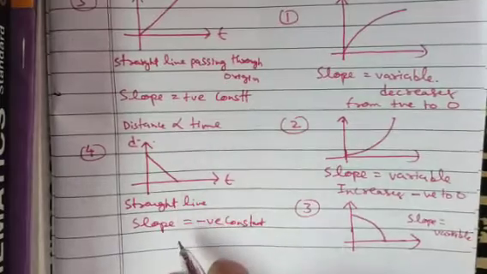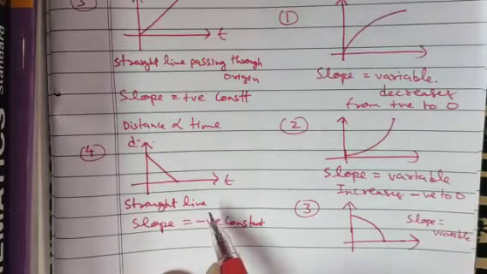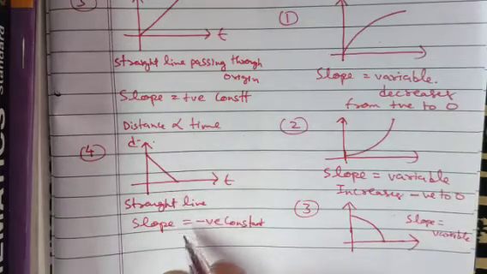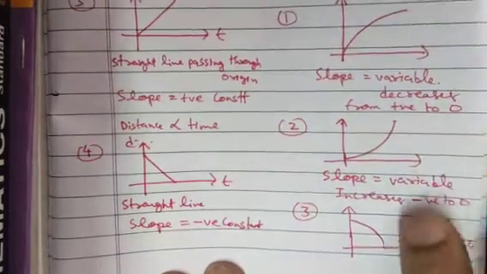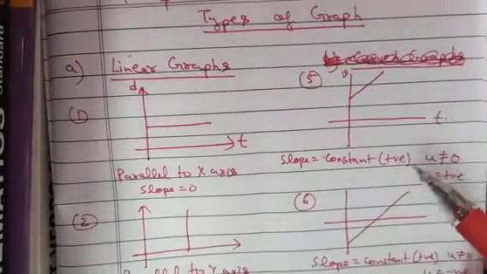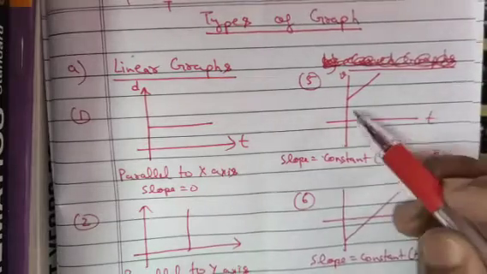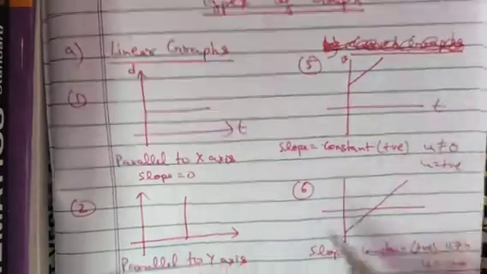Fourth type of graph is straight line with a negative slope, like we have seen. So here the slope will be constant but negative. Fifth type of linear graph is a graph with a positive slope but the initial velocity is not equal to 0.